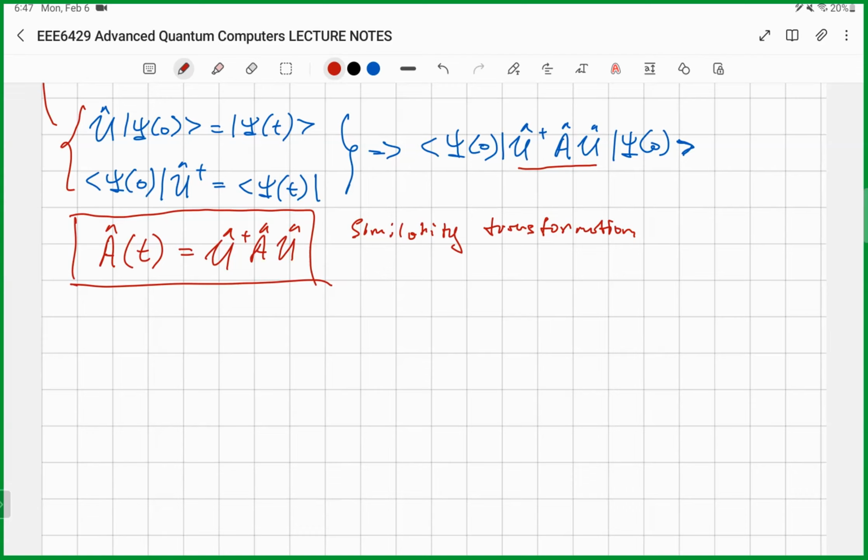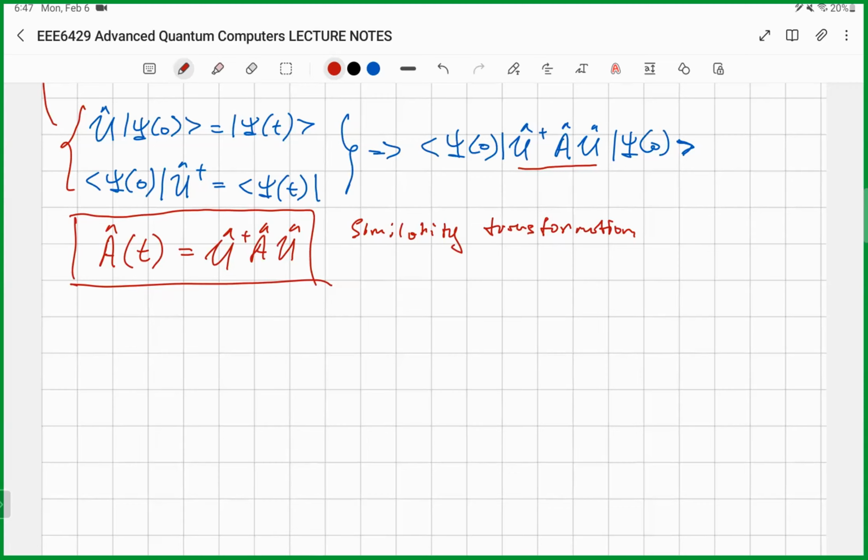A Hermitian operator generates the basis of eigenstates, and you can use any of these bases of eigenstates to describe your system.